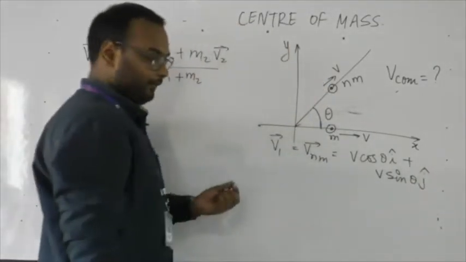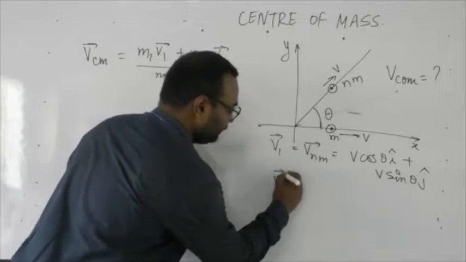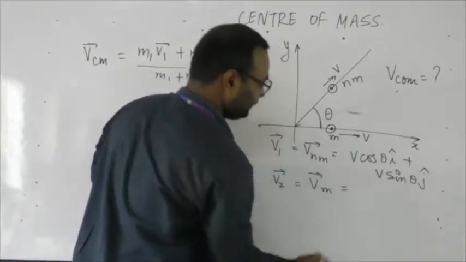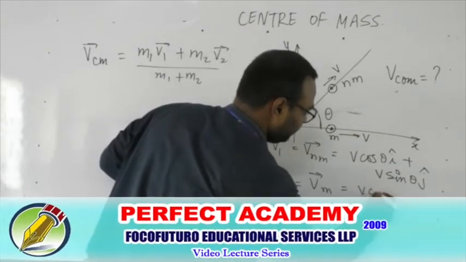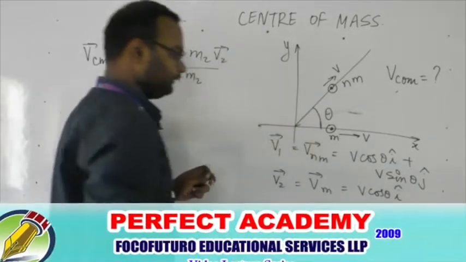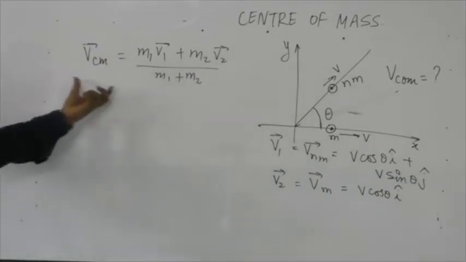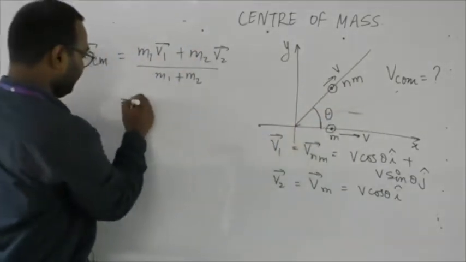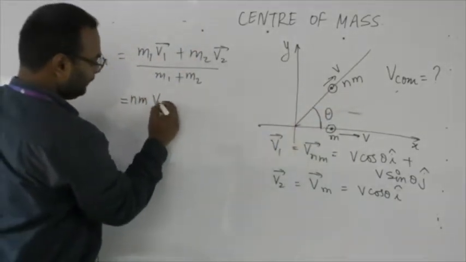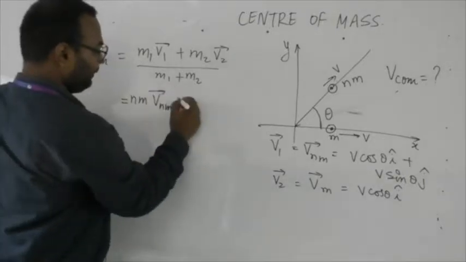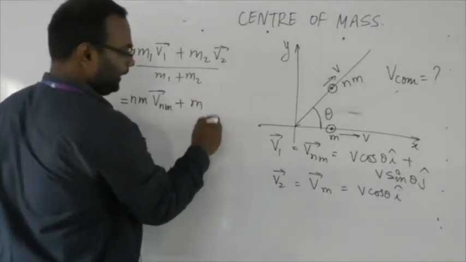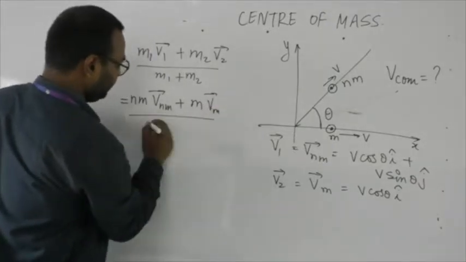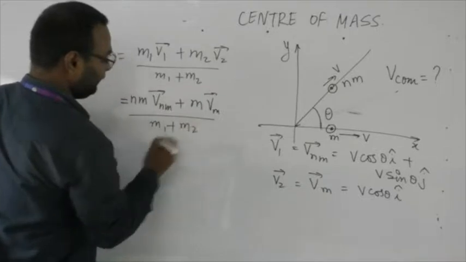Okay, now for this mass m, v2 is v cos theta i cap. Okay, now we will write m1 as the mass nm, that means nm times v1, plus m2 as mass m into v2, upon m1 plus m2.